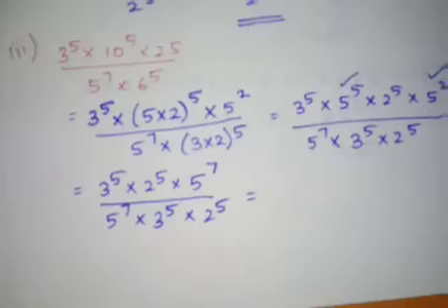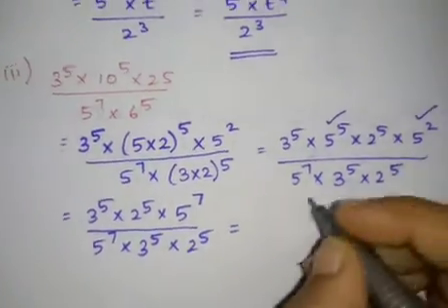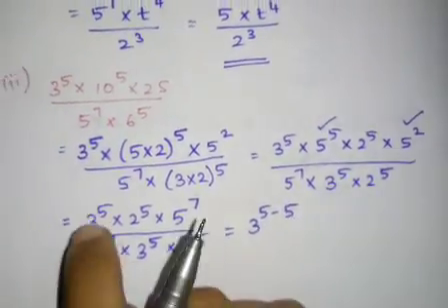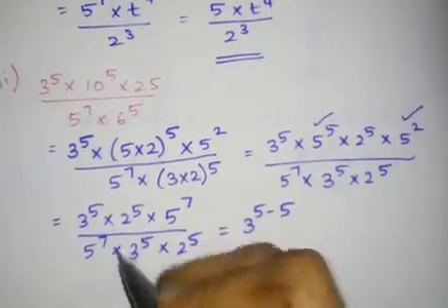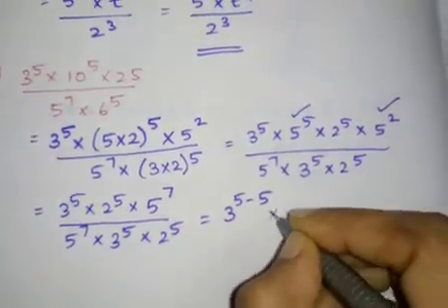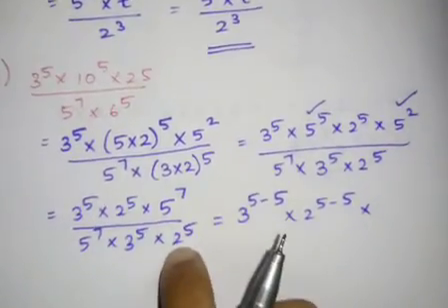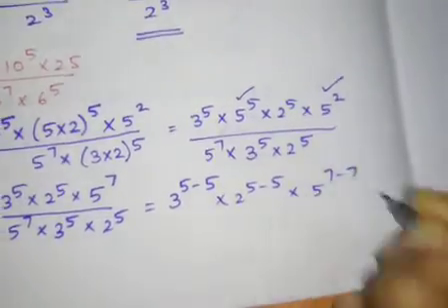Now there is a pairing between the numerator and denominator. So first, 3 power 5 minus 5, because this 3 power 5 and this 3 power 5, it is a division, into 2 power 5 minus 5, this 2 power 5 and this 2 power 5, division, into 5 power 7 minus 7.